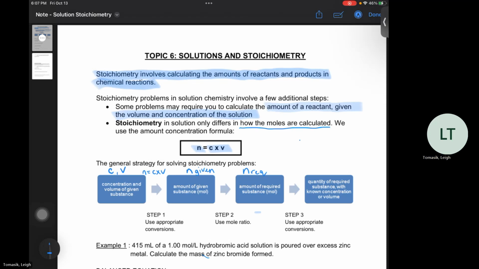Which is the moles of the required substance, and then we can use the n equals C times V calculation again to get either concentration or volume, or if we want to know, for example, the mass, we can use the molar mass.